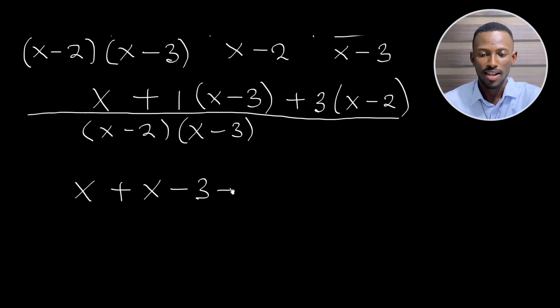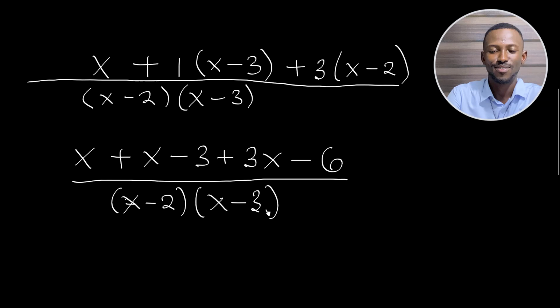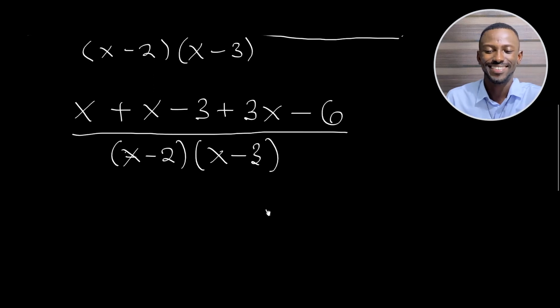Then we have plus x times 3, or 3 times x gives us 3x. Then 3 times negative 2 gives us negative 6. All of this divided by x minus 2, x minus 3. I think my skill of using the pen is returning.